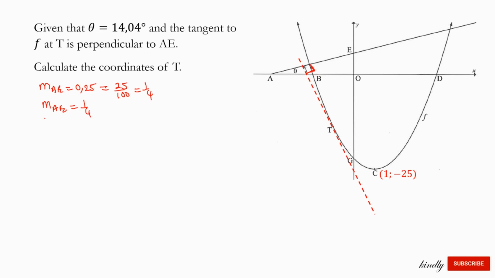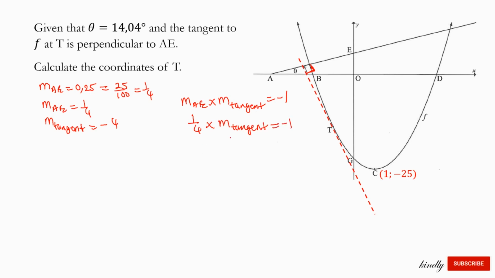So the gradient of the tangent is equal to negative 4. You can say the gradient of AE times the gradient of the tangent is equal to negative 1. We have the gradient of AE, which is 1 over 4, times the gradient of the tangent equal to negative 1.